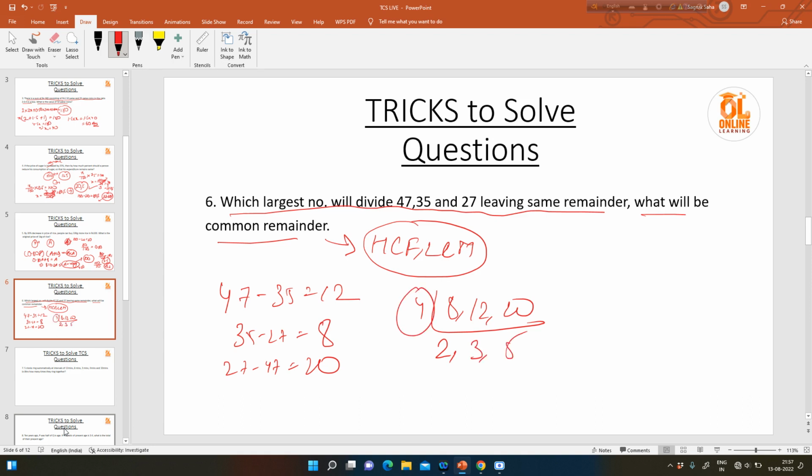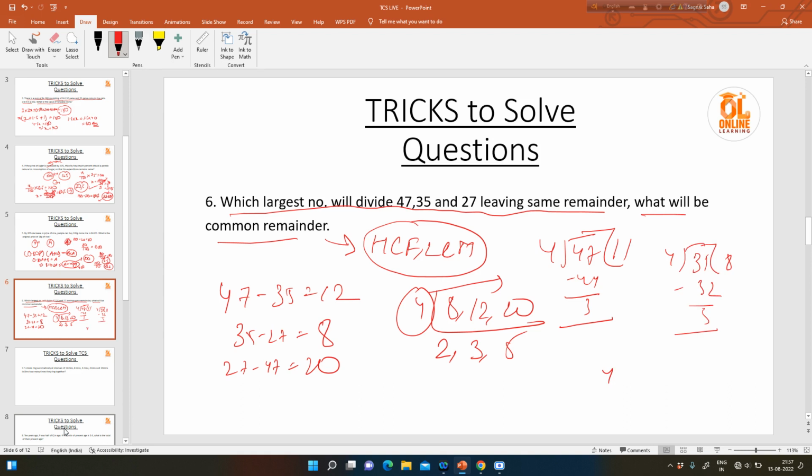Now this is the HCF. And now if we do the division with 47, 4 11s are 44, then the remainder would be 3. Then again 4 by 35, the remainder would be 3 again.